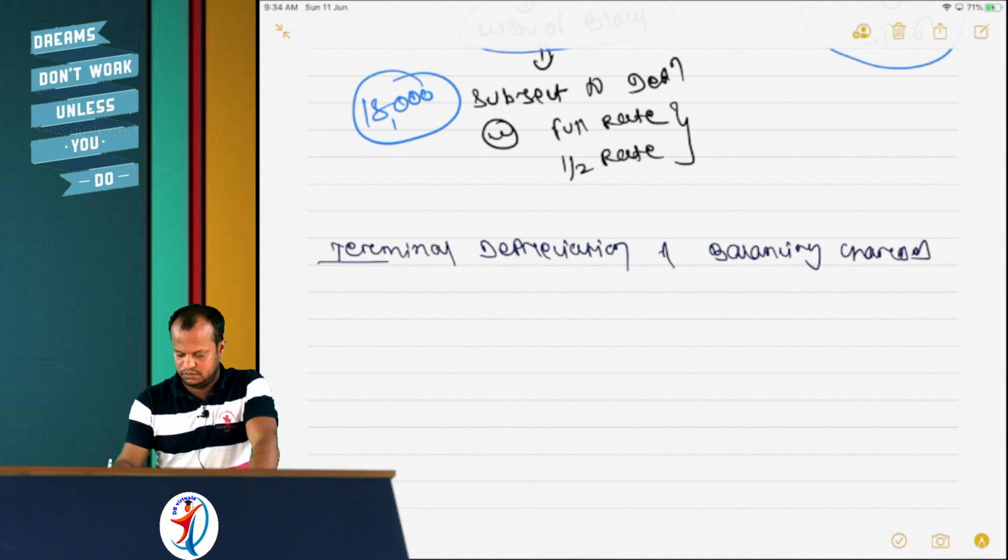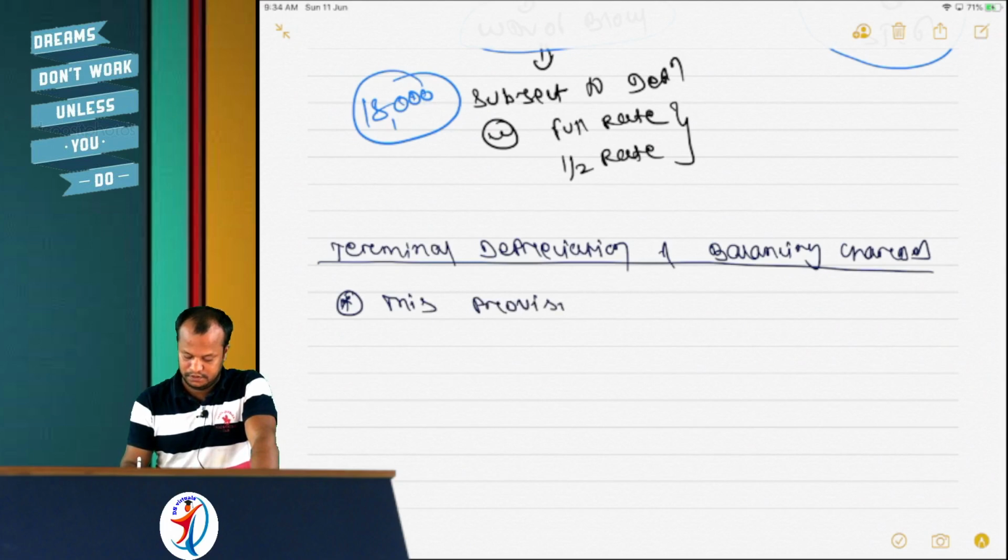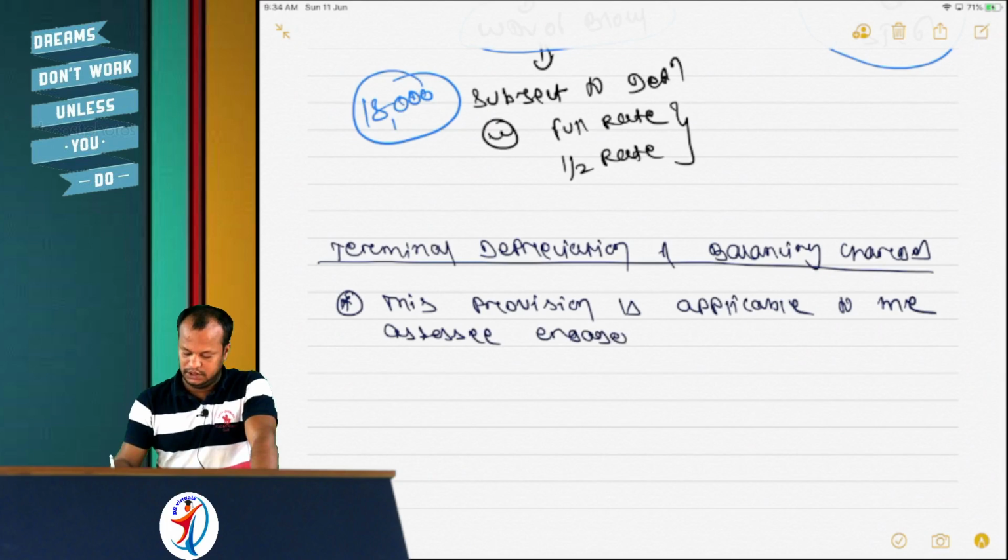Terminal depreciation and balancing charges. This provision is applicable to the assessee engaged in generation and distribution of power.